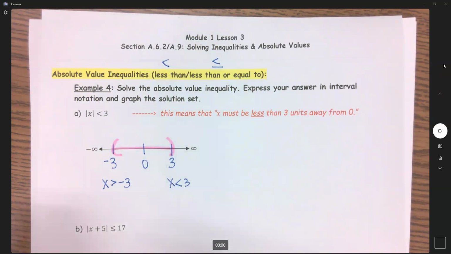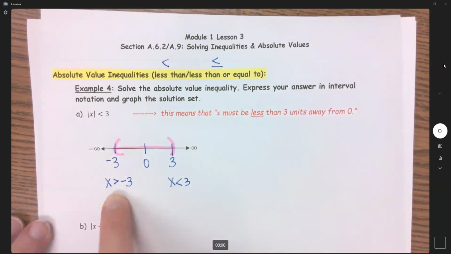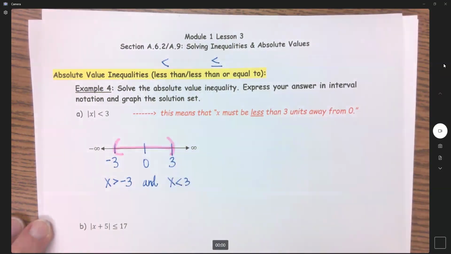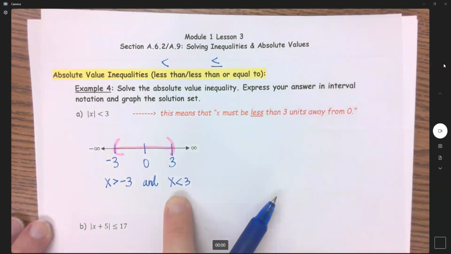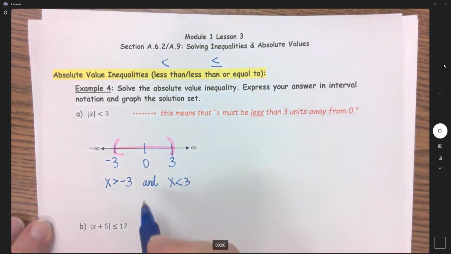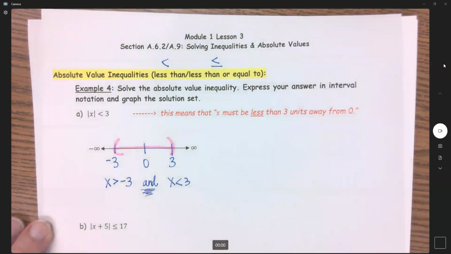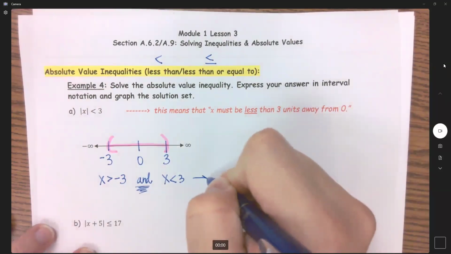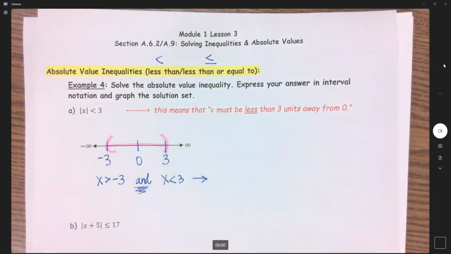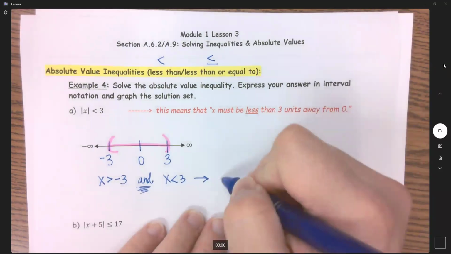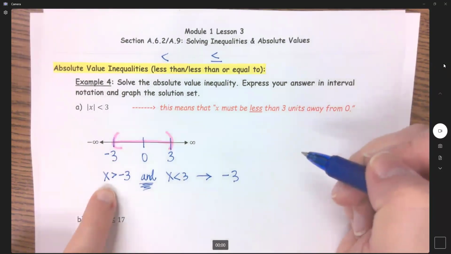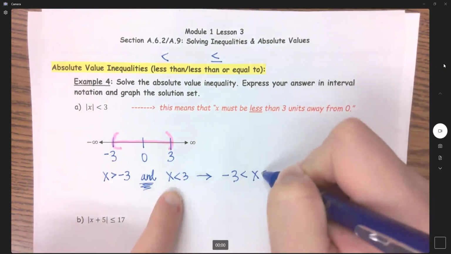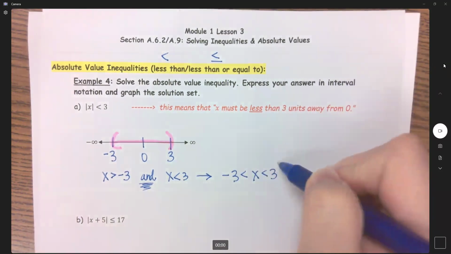So we are talking about sections where X is greater than -3 and X is less than 3. Okay, this "and" is a big key word here. And so we can express our "and" as a single inequality, and that would be -3, switch that symbol, is less than X, which is less than 3.